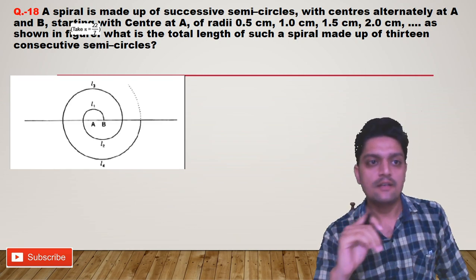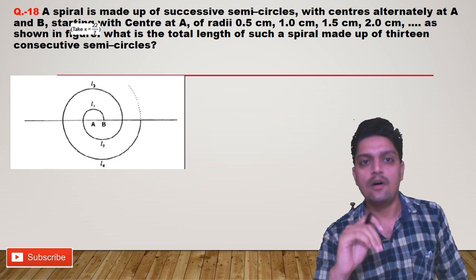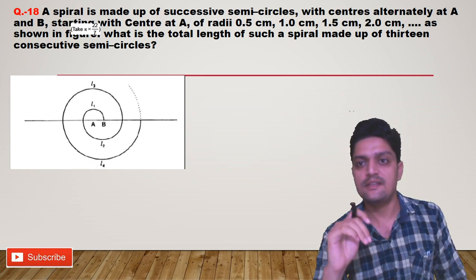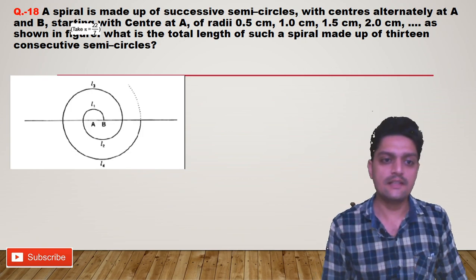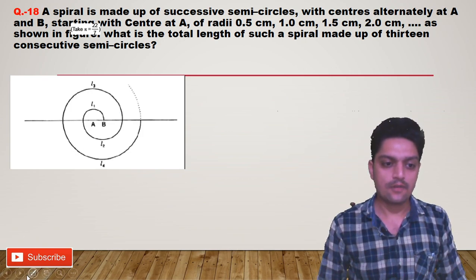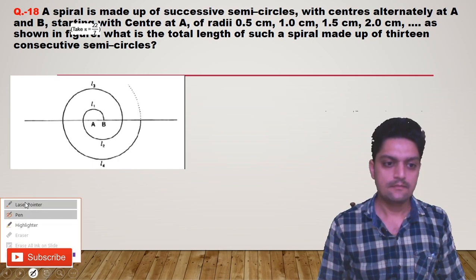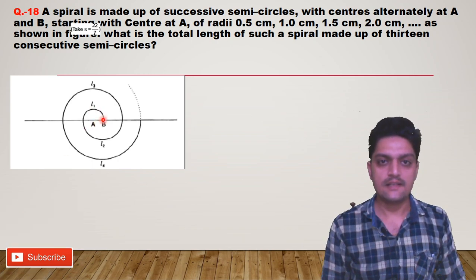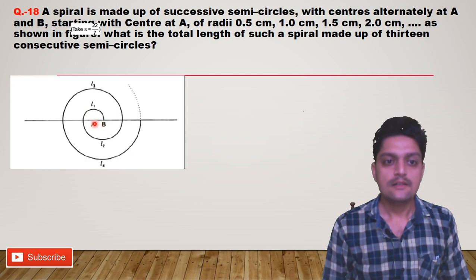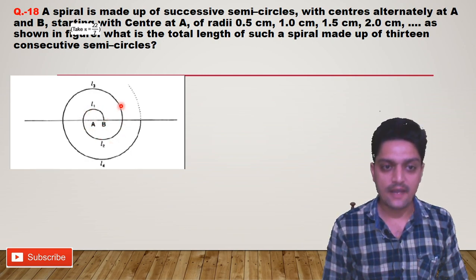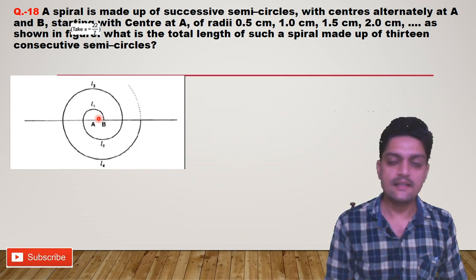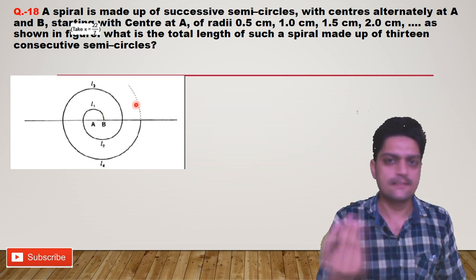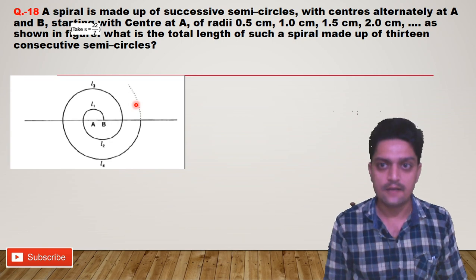Here it is given that a spiral is made up of successive semicircles with the centers alternately at A and B. Focus on my cursor. This is the spiral, and it is made up of so many semicircles. You know what the spiral shape is, and the figure is also given here.